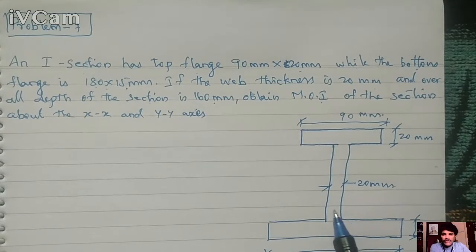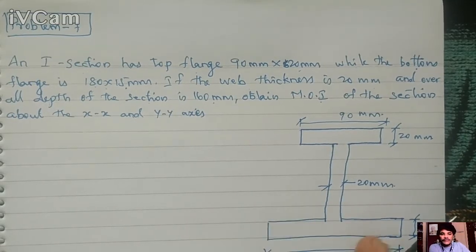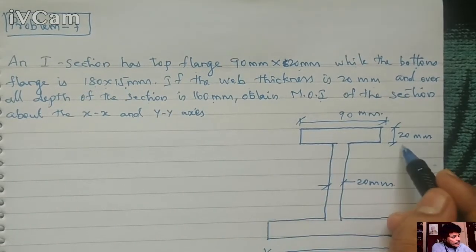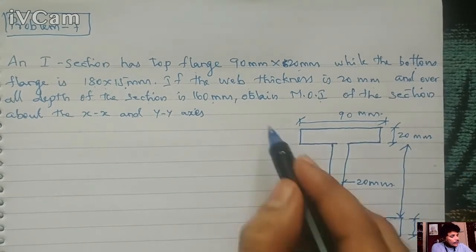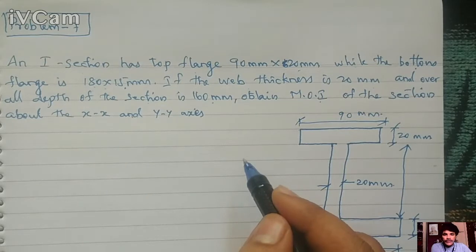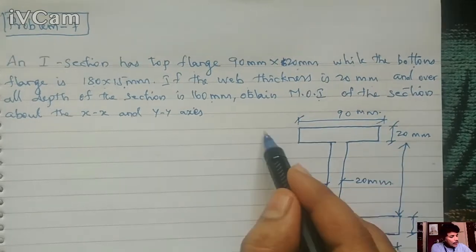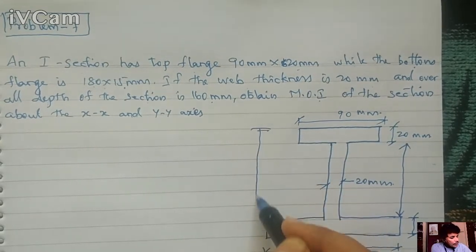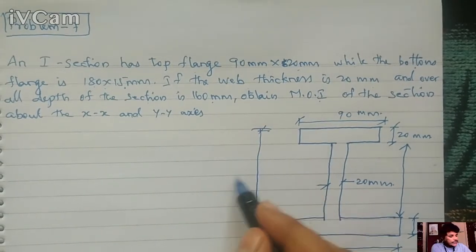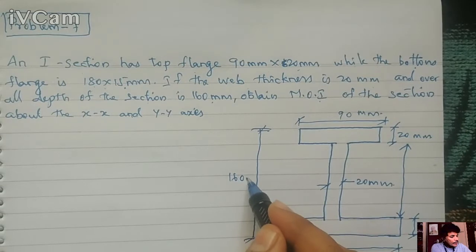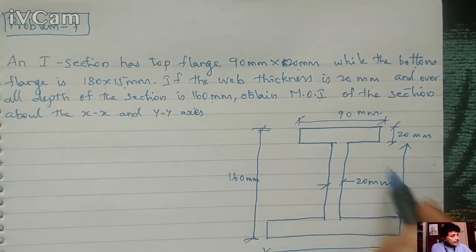And here the overall depth is given, not the web depth. Web depth means this is the depth of the web. But in this question, the overall depth of the section, the overall height of the I section, is given, that is 160 mm. And what is the depth of the web?